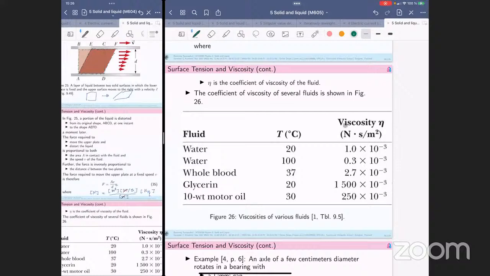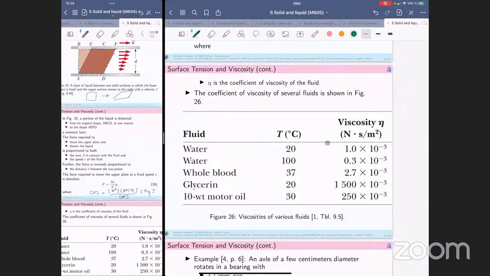So what is the meaning? Any fluid that has a high value of viscosity would move with difficulty, with the flow rate and so on.